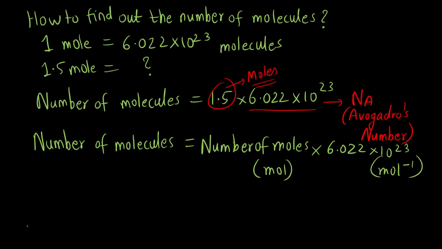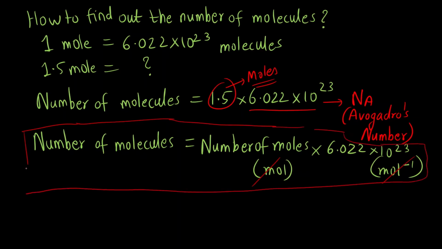Here again mole and mole inverse get cancelled, and we will get the final number of molecules. So this is again a very important formula, like our formula for number of moles.